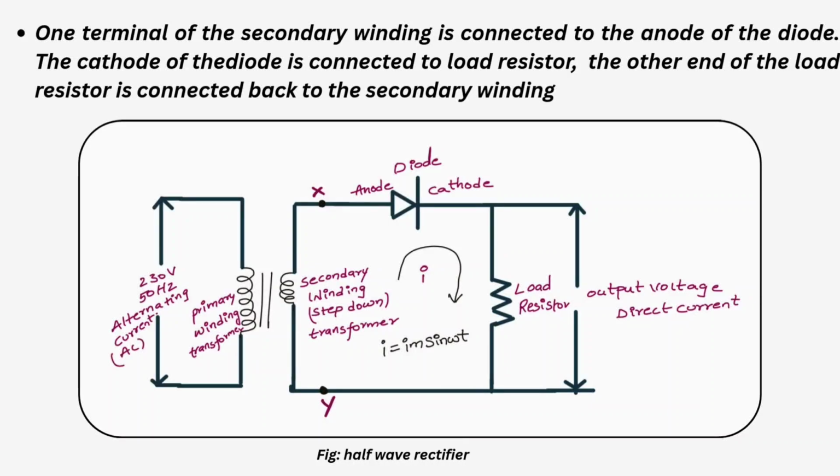One terminal of the secondary winding is connected to the anode of the diode, and the cathode of the diode is connected to the load resistor. The other end of the load resistor is connected to the secondary winding.